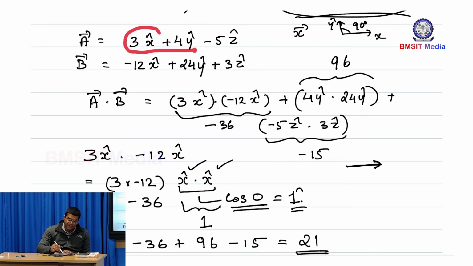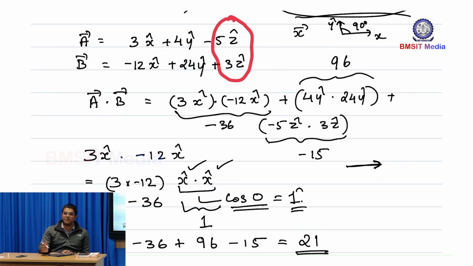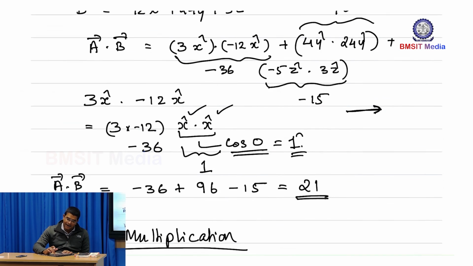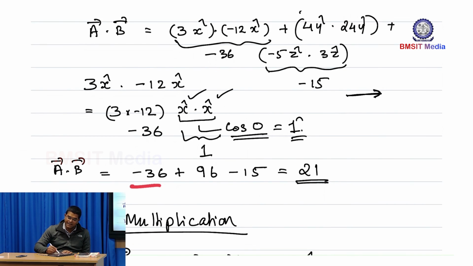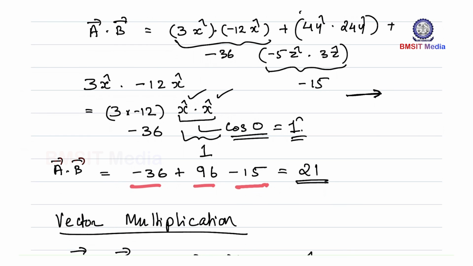Similarly, the dot product of this and this also will become 0, right? So only the dot product of this will be remaining. Similarly, the dot product of this and this will become 0, as well as the dot product of this and this will become 0. So only the remaining will be this much. Similarly, in this third case, this only will be remaining. So that means there are nine components at the output, but finally the remaining 6 components will become 0 and only 3 components will be remaining.